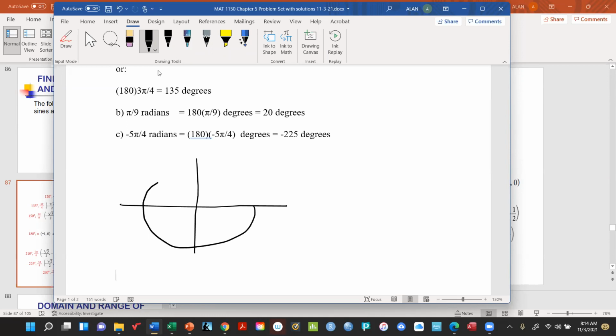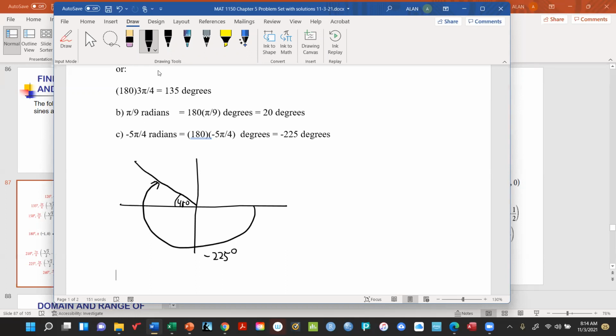So you're going 180 degrees to get through the fourth and third quadrants. And then here, this divides the quadrant in half. This is a 45-degree angle. And so this represents minus 225 degrees.